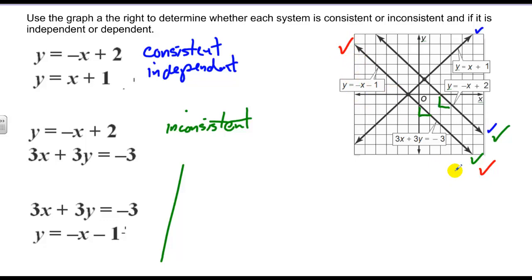So it graphs on top of itself, which means there are infinitely many intersections. So we say this is consistent and dependent. So that's how we classify all those.